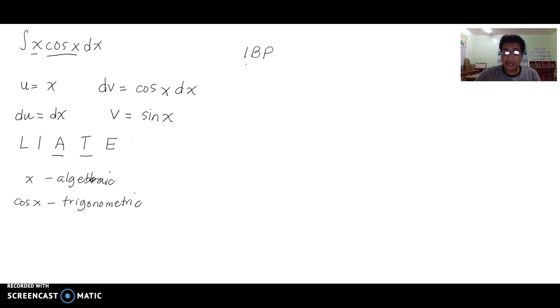The formula for IBP is u times v minus the integral of v du. This is just a simple substitution now. u is x, v is sine x, minus the integral of v is sine x, du is dx.